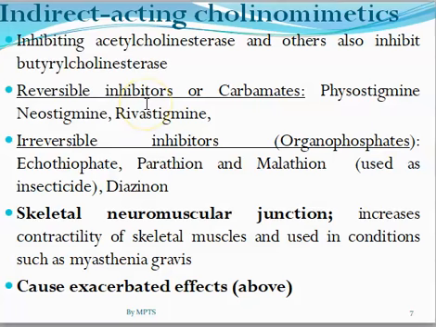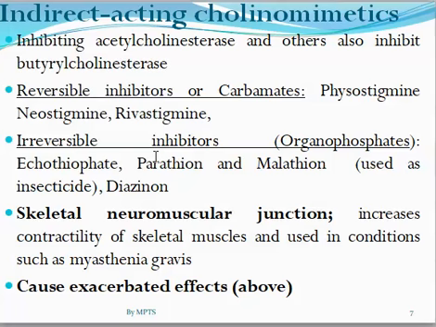They can be classified as reversible inhibitors, or the carbamates: physostigmine, neostigmine, and rivastigmine, and the irreversible inhibitors, or the organophosphates: ecothiophate, parathion, and diazinon. There are very many others. The nerve gases, all those ones, are found here.